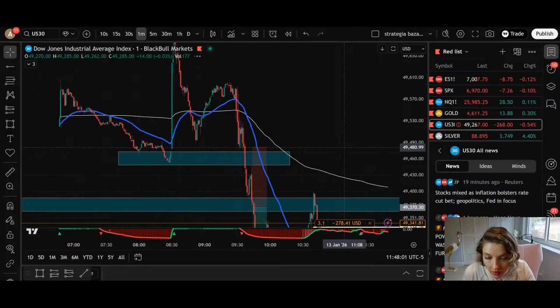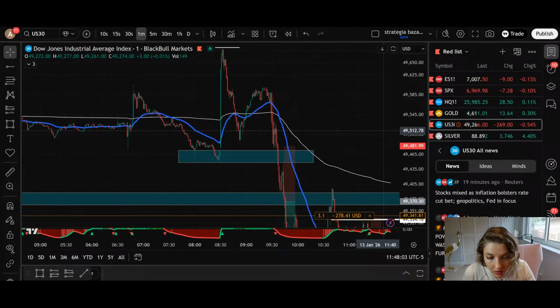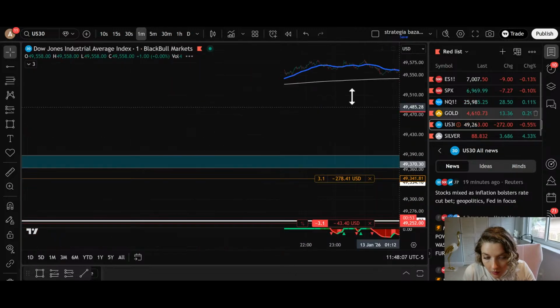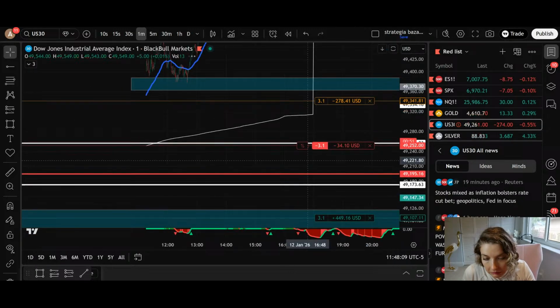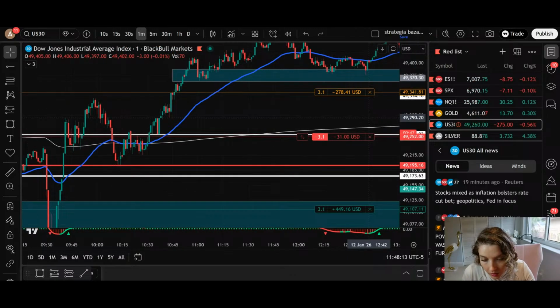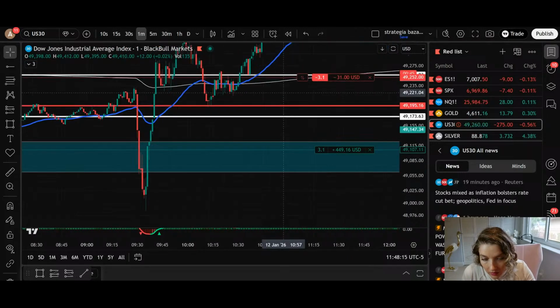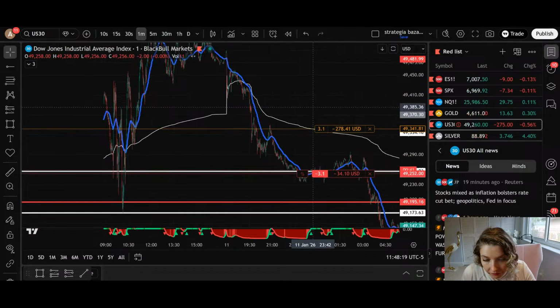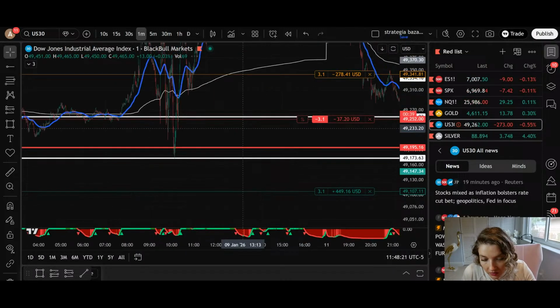Let me see how the price. You see on US30, this WAP doesn't necessarily react on it like that. Let me see more. Yeah, it's just a line that doesn't.